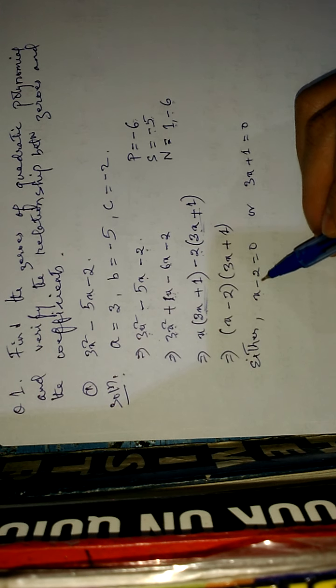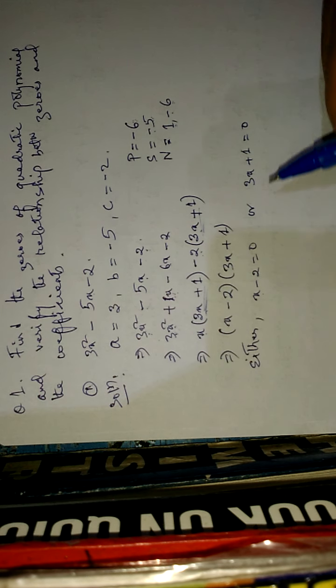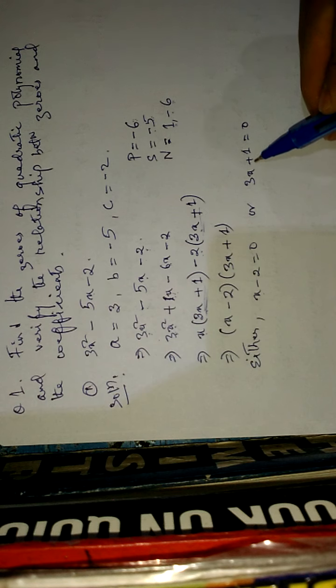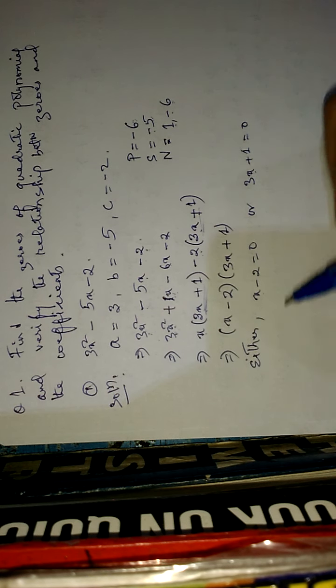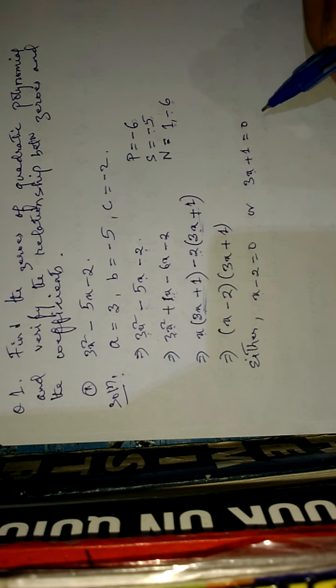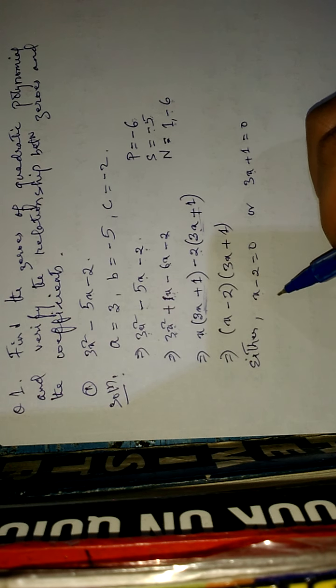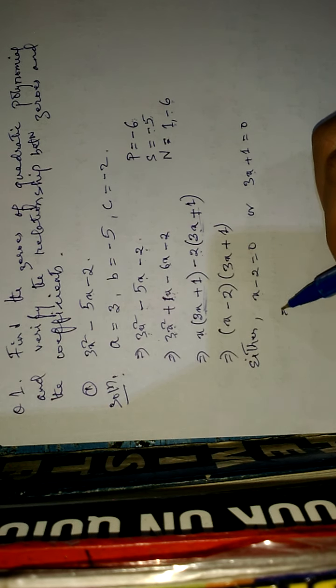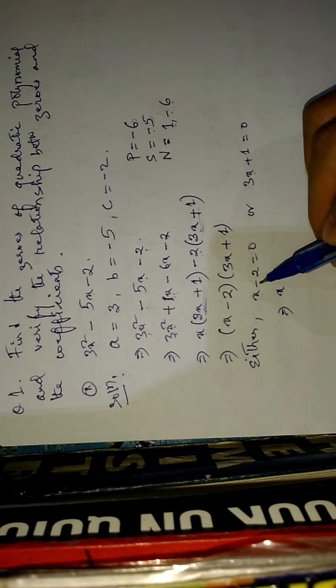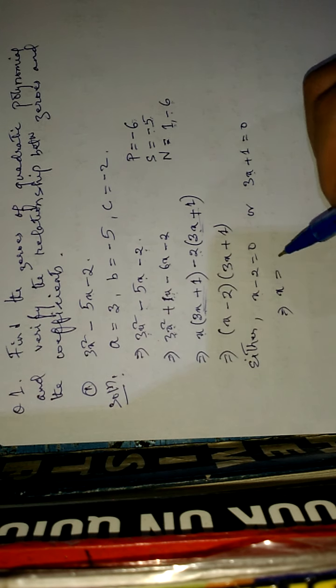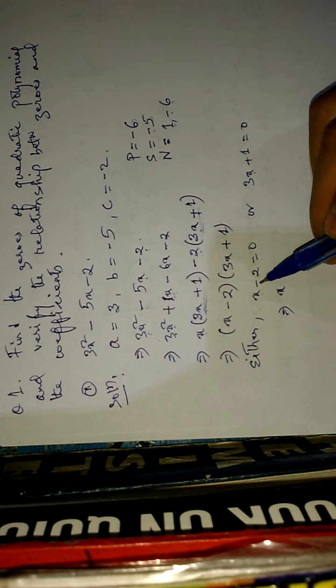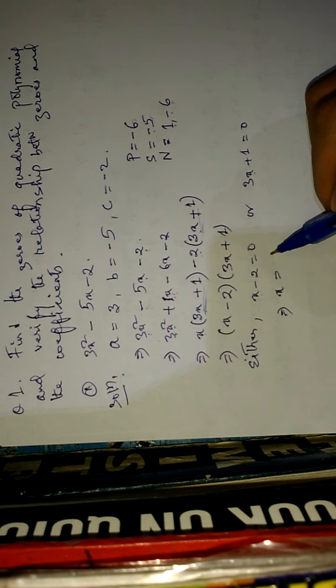Here x, this minus 2 will go as plus 2, since the minus changes to plus, so it will be plus 2. Or here 3x, this plus 1 becomes minus 1, then 3 and x are multiplied on the left side, so it will be divided on the right side.